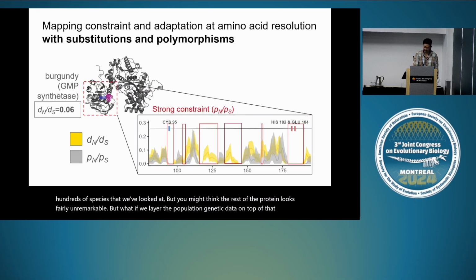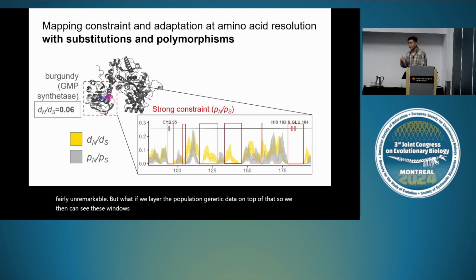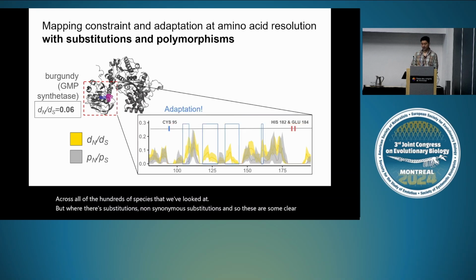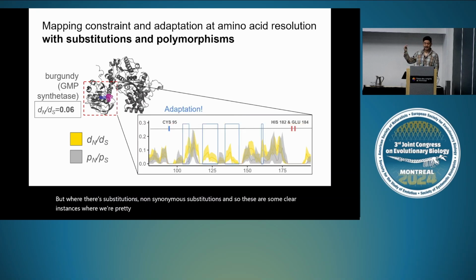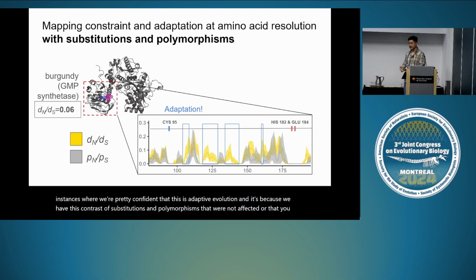So we then can see these windows where there's no variation at the population genetic level across all of the hundreds of species that we've looked at, but where there are non-synonymous substitutions. And so these are some clear instances where we're pretty confident that this is adaptive evolution. And it's because we have this contrast of substitutions and polymorphisms that this process of adaptive substitution does not obscure our inferences.